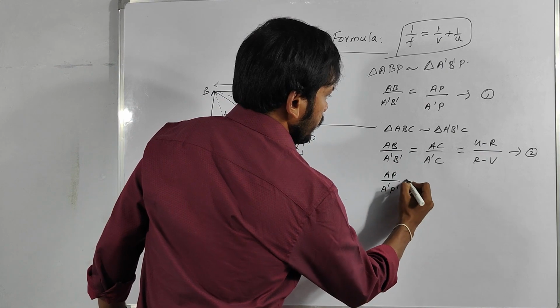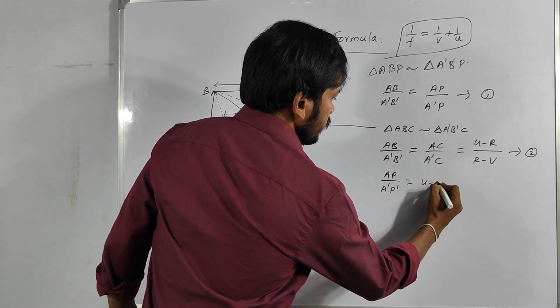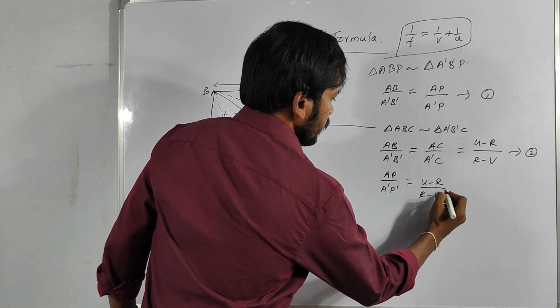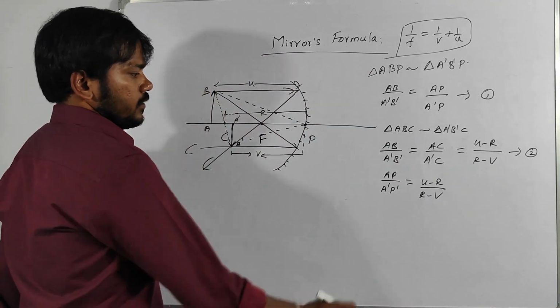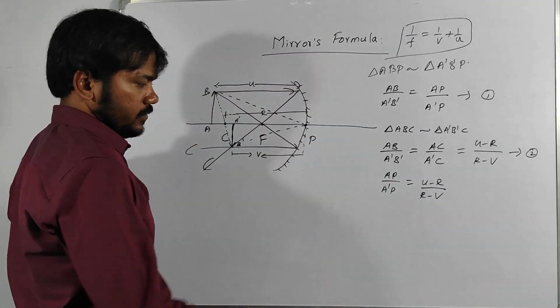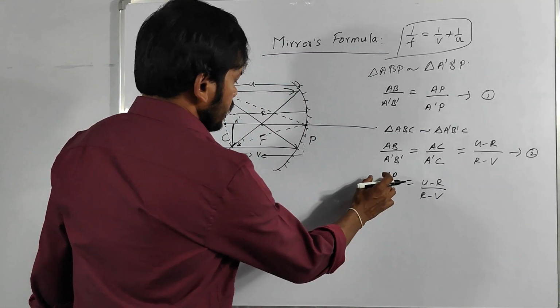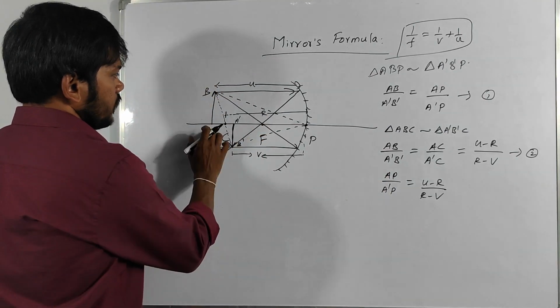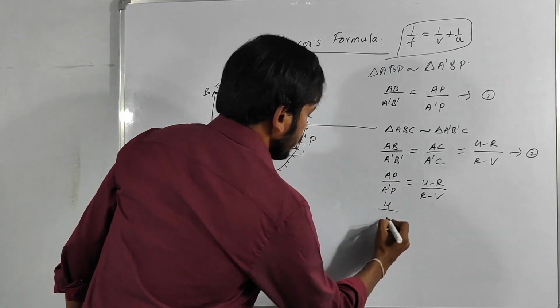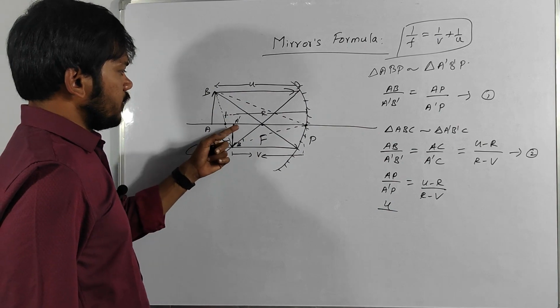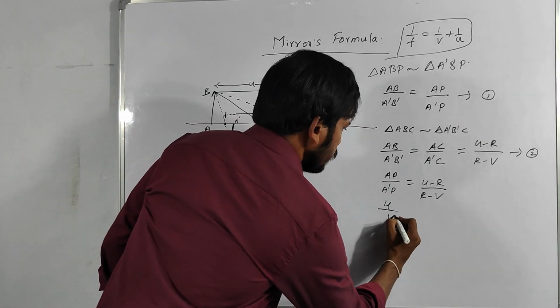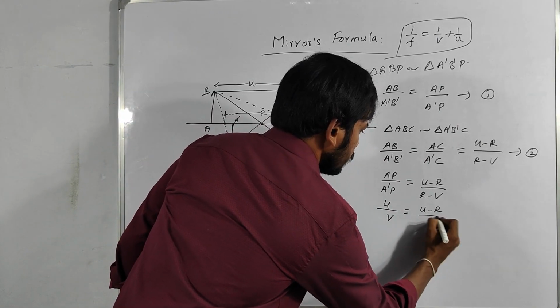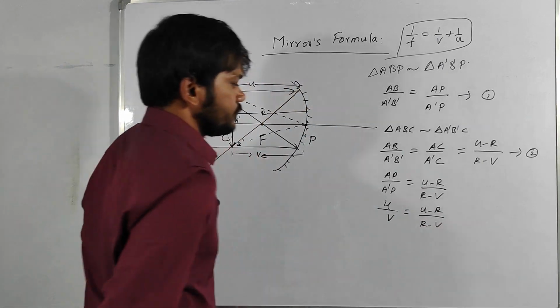AP by A dash B dash is equal to u minus r by r minus v. AP is u, and A dash B is v, so u by v is equal to u minus r by r minus v.